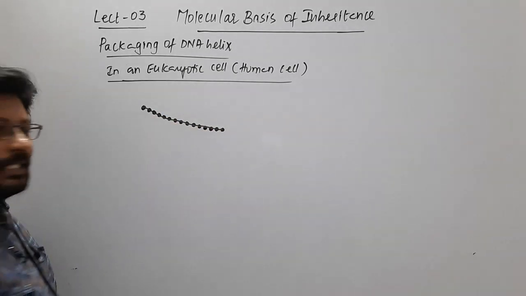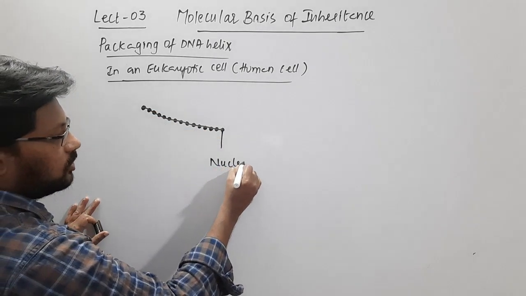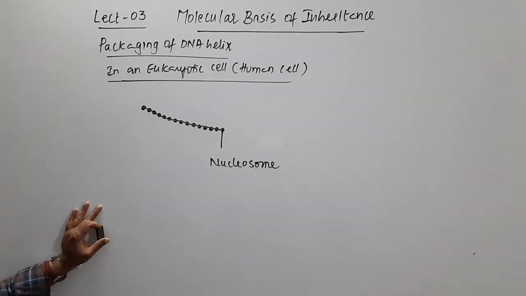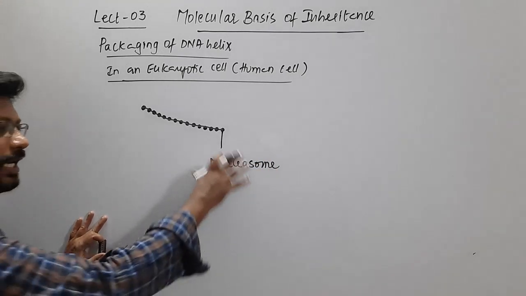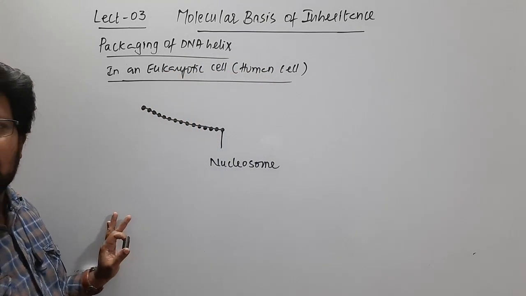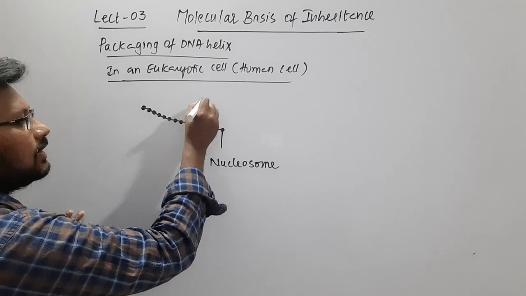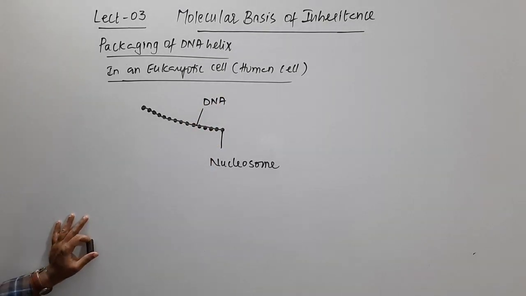And that bead actually is a structure called a nucleosome. Such things we don't see in prokaryotic cells. We are talking especially about a eukaryotic cell. And that string what we see here is actually the DNA.